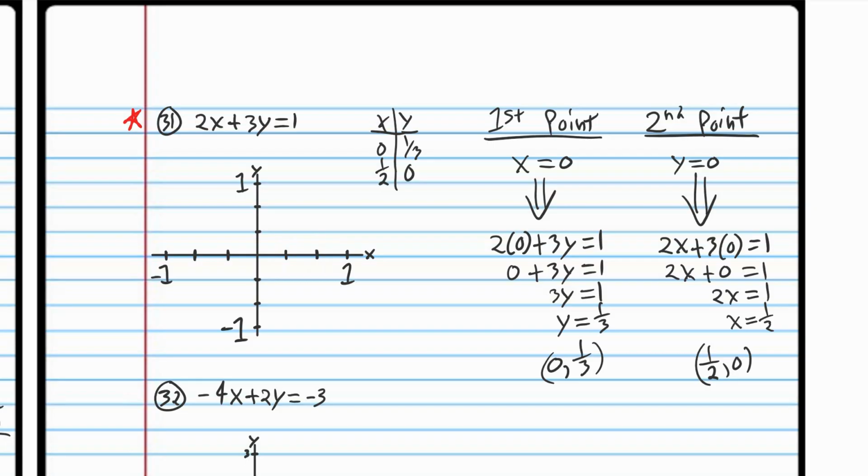So 0, 1/3 is going to be here. And 1/2, 0, 1/2 would be halfway between this distance, which is about here. Roughly there. So again, it just spaces the dots out so we can graph this easier.